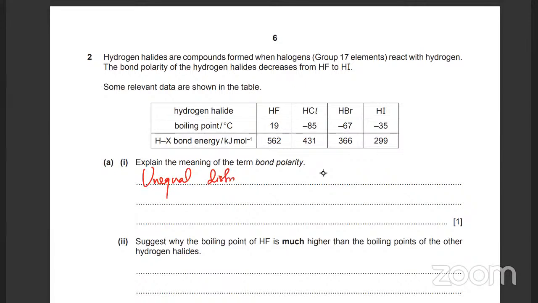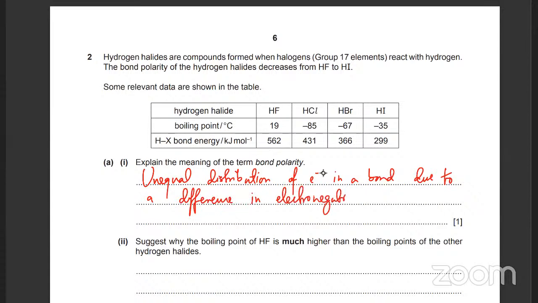It's an unequal distribution of electrons in a bond due to a difference in electronegativity. And that difference results in partial charges, resulting in slight positive and partial negative charges on the atoms.